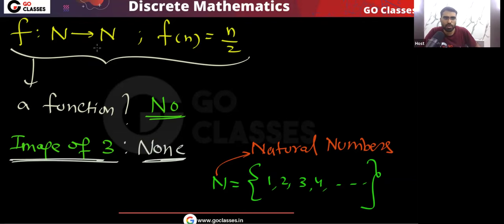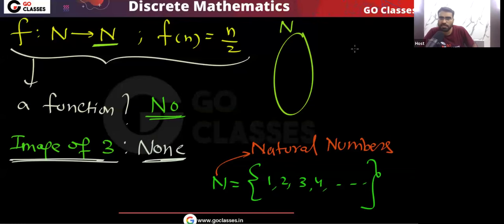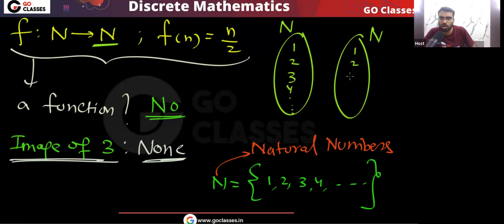Because remember, your codomain is natural numbers, like 1, 2, 3, 4, and so on, and here also you have 1, 2, 3, 4, and so on. Now tell me, what is the image of 3? There is no image of 3, right? The image of 2 is 1. The image of 5? There is no image of 5, right?